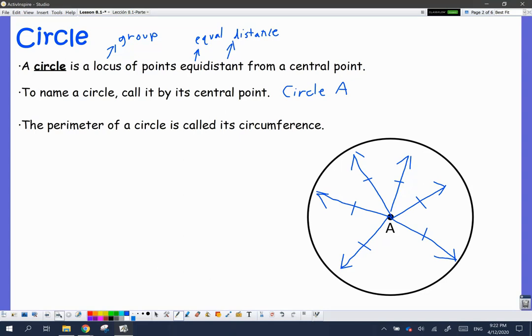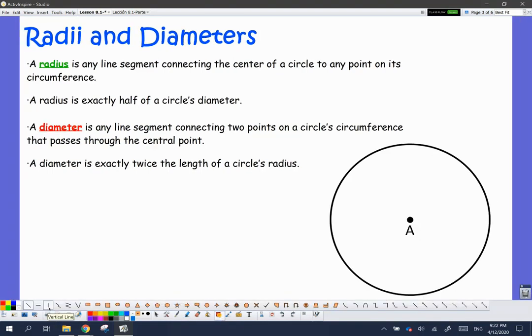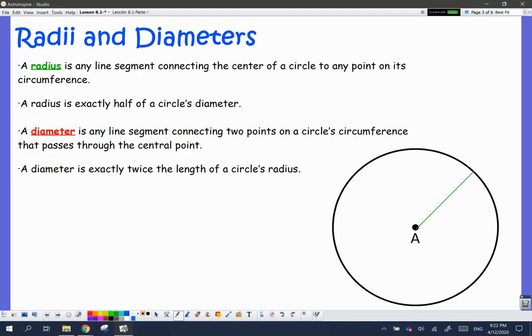So now let's break down the circle into its other parts. We have radii and diameters. A radius is any line segment that connects the center of a circle to any point on its circumference. So if we start from the center of the circle to any point on the circumference, it would look something like this. Let me do this in green.